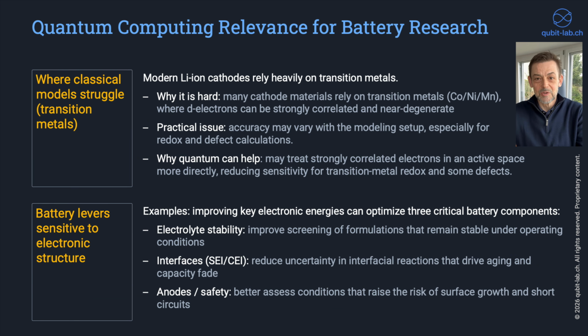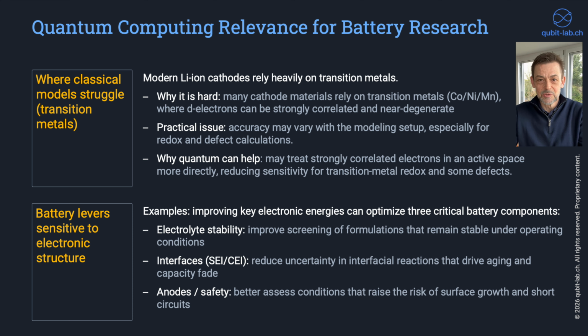Why does quantum computing matter for batteries? A lot of modern cathode materials use transition metals like cobalt, nickel, and manganese. Their d electrons can be strongly correlated, which is exactly where many standard electronic structure approximations become sensitive to modeling choices, especially for redox energetics and defects.